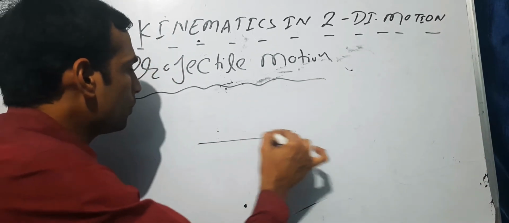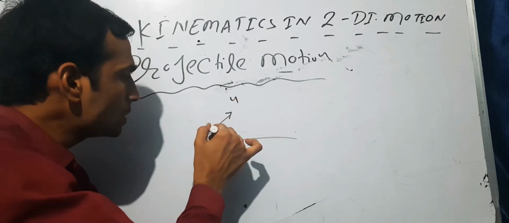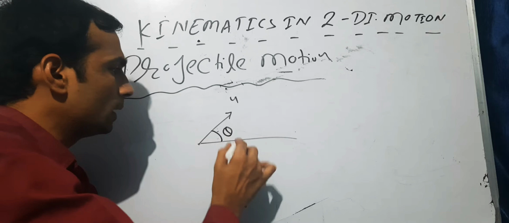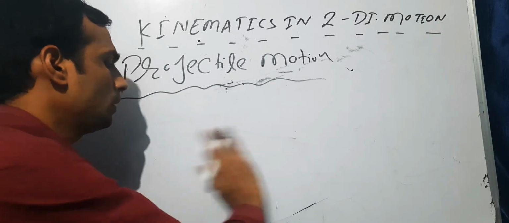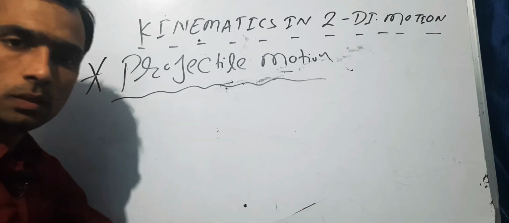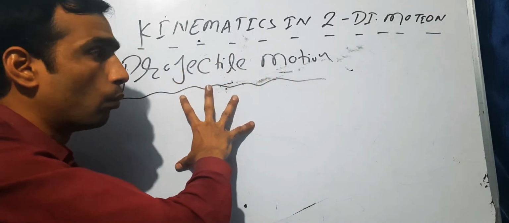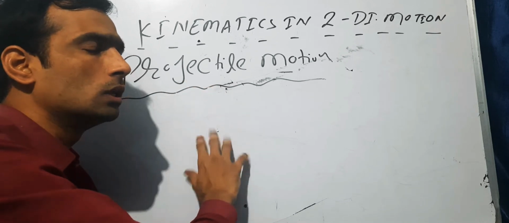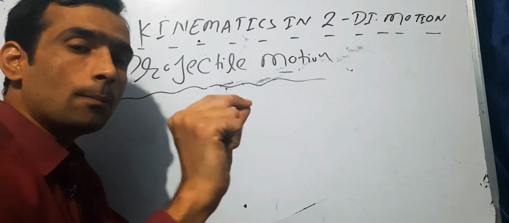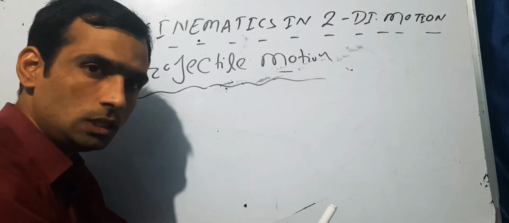So say this is the particle with speed u at an angle theta. This is a very simple concept. You can easily solve a single question. If you watch the complete video of kinematics in two dimensions, projectile motion, one question is compulsory every year in JEE Main as well as Advanced as well as NEET, right?